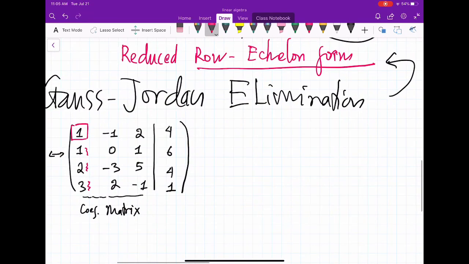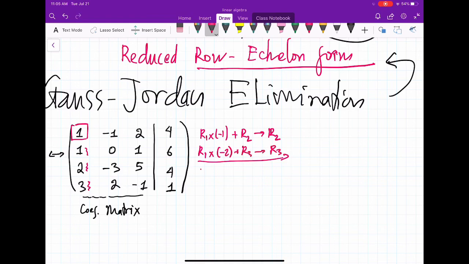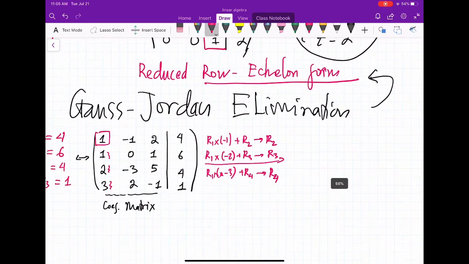Okay, let me write in here. So I need to multiply the first row by negative 1, add to the second row, right? That is the first thing. And then I multiply the first row by negative 2, add to the third row, multiply the first row by negative 3, add to the fourth row. You see that? So we do all operations at the same time.